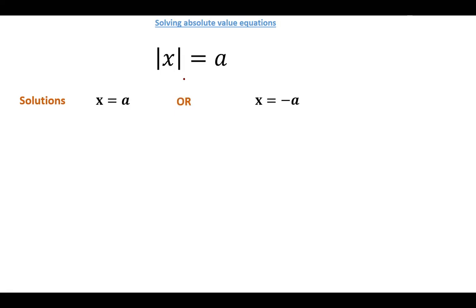Whether it is positive or negative, it will still give you a positive a. I don't know if you've gotten my point there. Whether this x is negative or positive, you still get a positive number. This is what it means when you talk about modulus values.